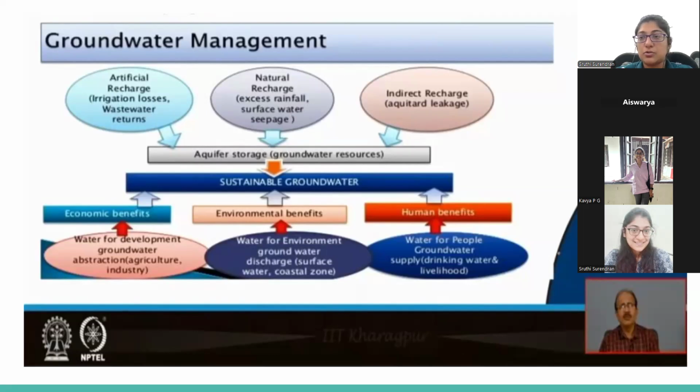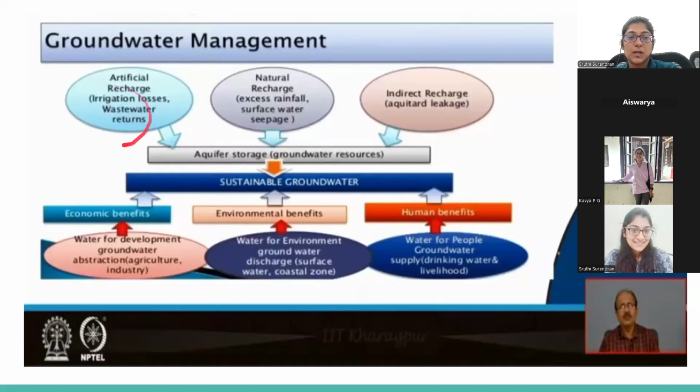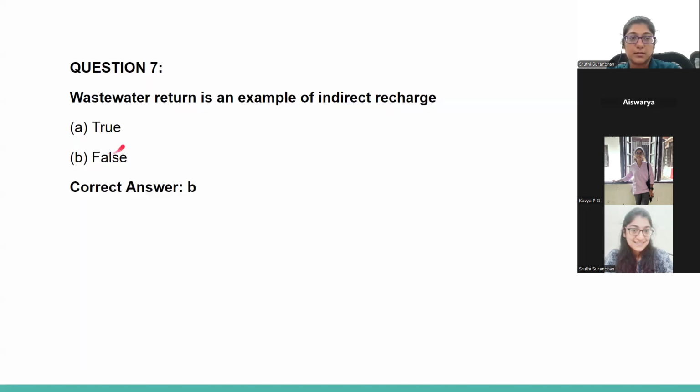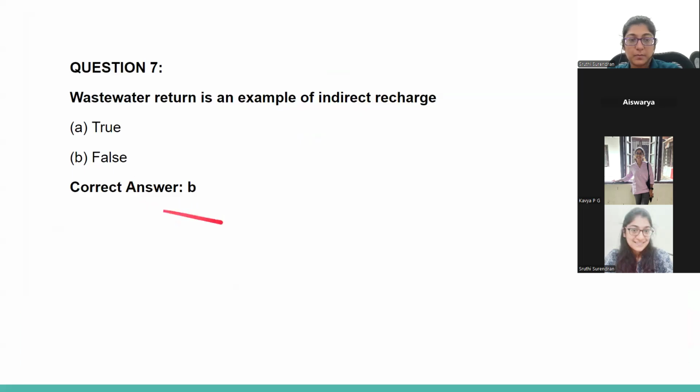These wastewaters can also be used to recharge the groundwater resources. So indirect recharge is aquitard leakage. Artificial recharge will involve wastewater return. So here the correct answer is option B. A wastewater return is an example of artificial recharge, not indirect recharge.